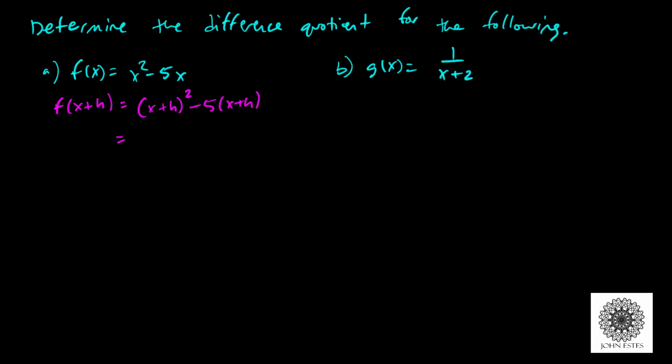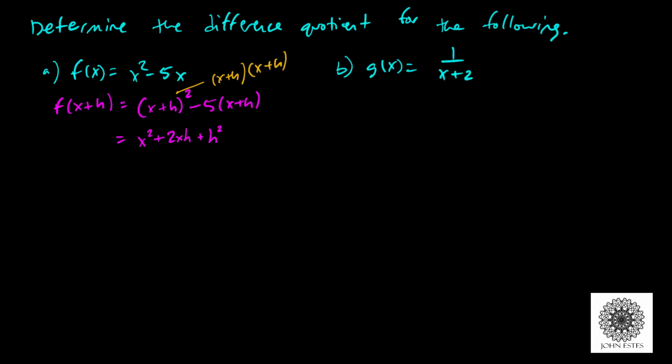If you square x plus h, that's x squared plus xh plus another xh, right? You're foiling there, plus h times h, which is h squared. Again, what I did there was x plus h times x plus h.